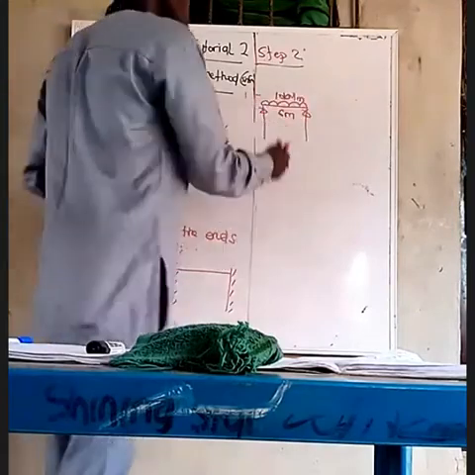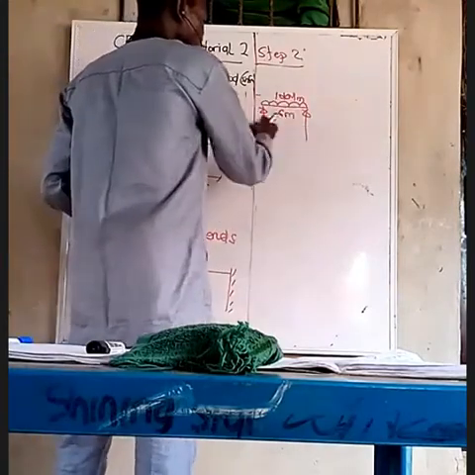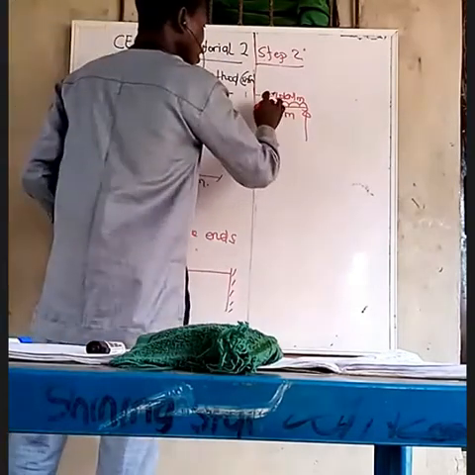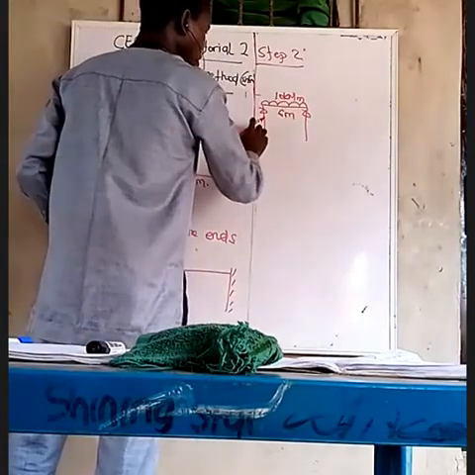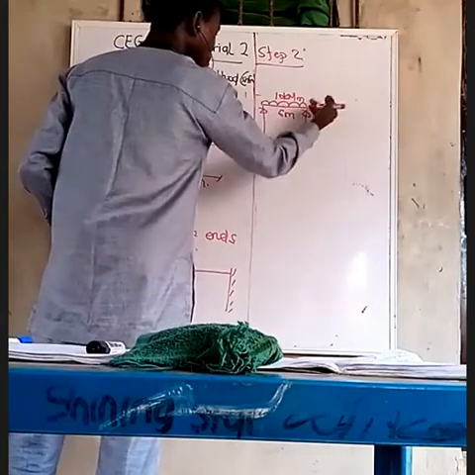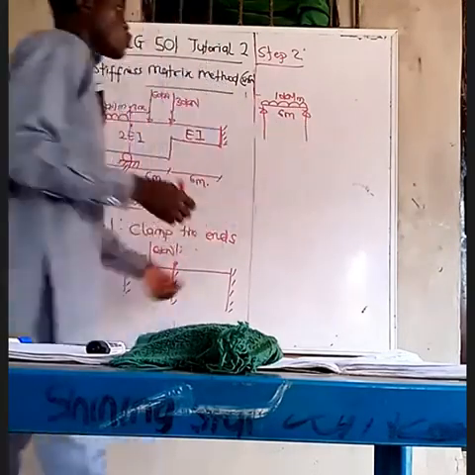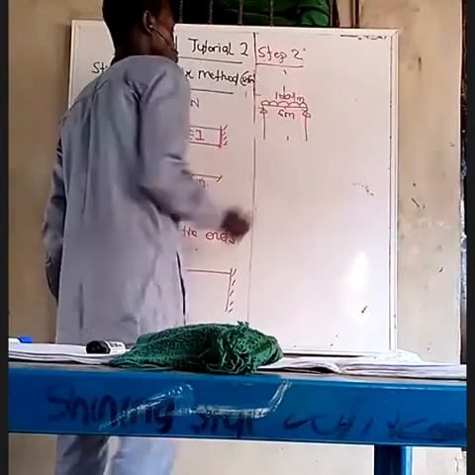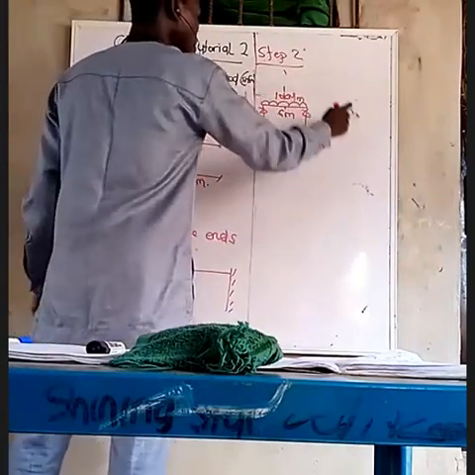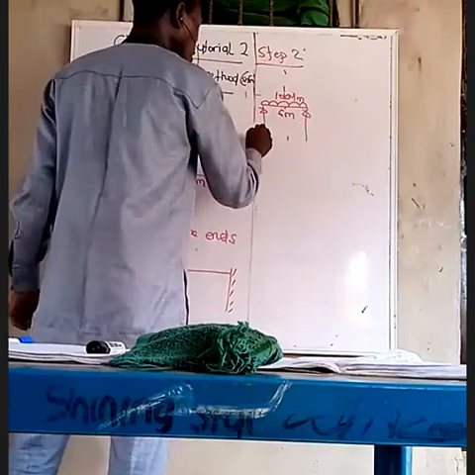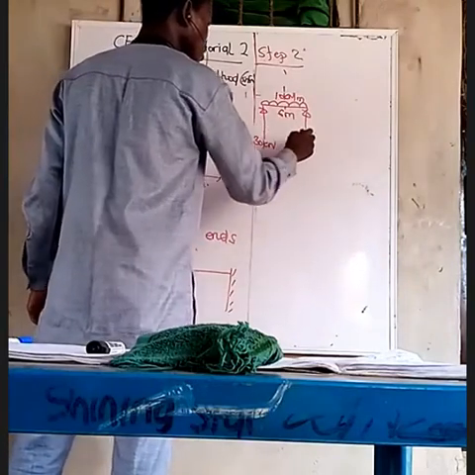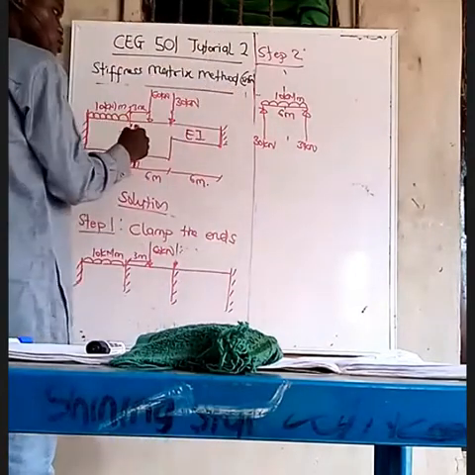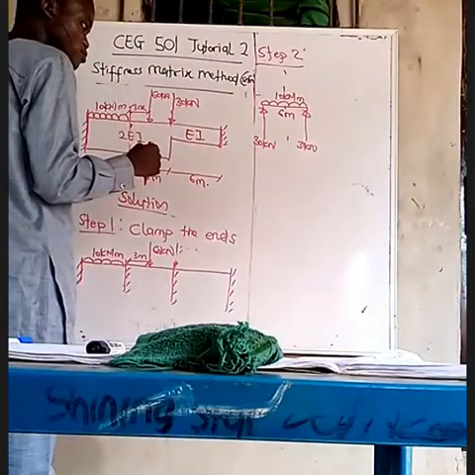That means the support reaction of this section alone will be half of this load here, half of this load here, because it looks symmetrical about the middle. So 10 kilonewton per meter, 10 times 6, 60. 60 divided by 2, we have 30 kilonewton here, 30 kilonewton here.